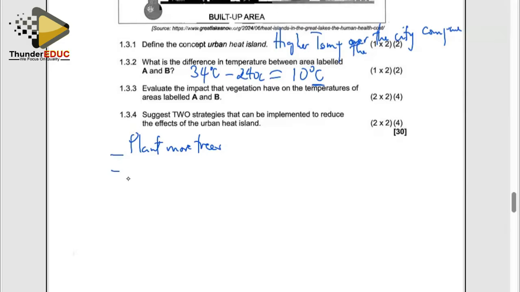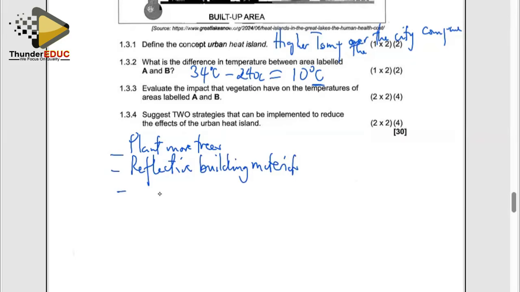Then we can also look at use of reflective building material and paintings. If we use materials that are reflective, it will add to a positive impact.